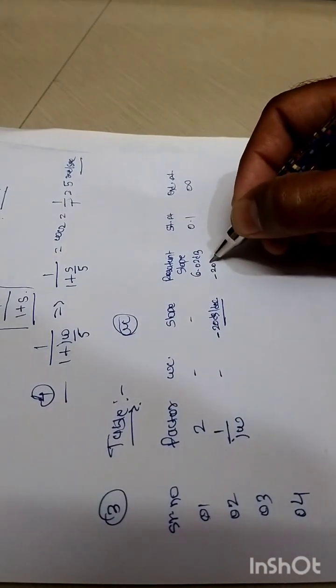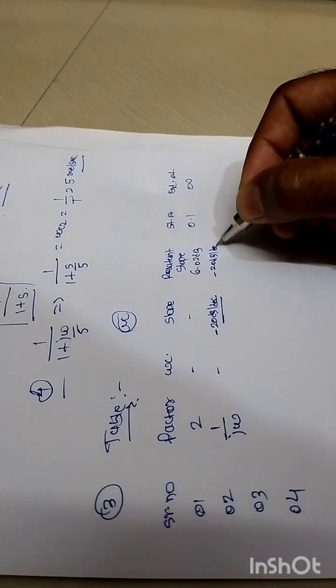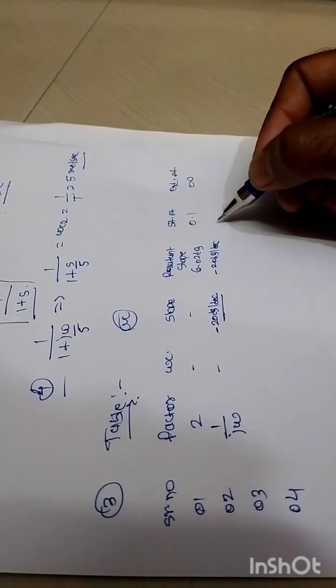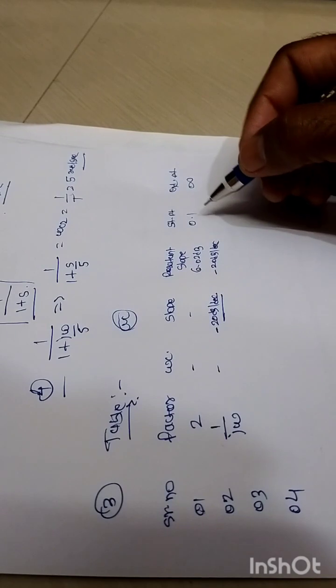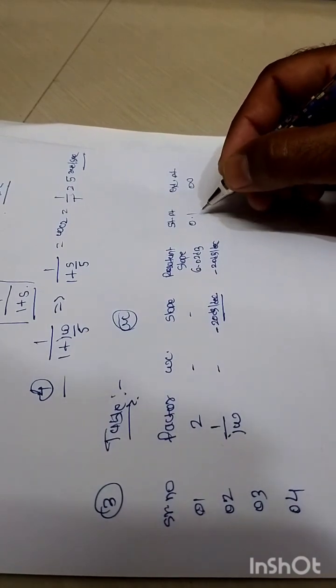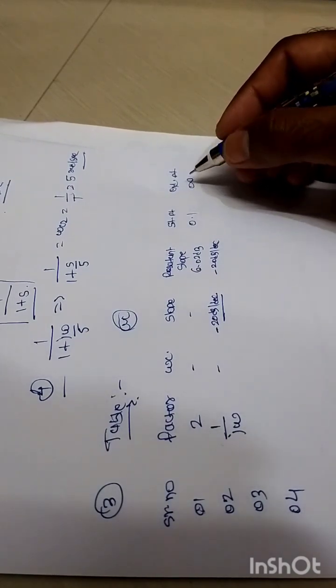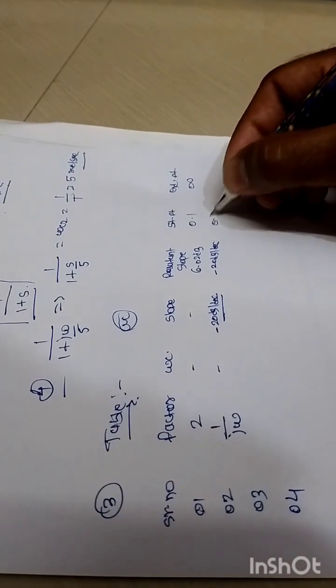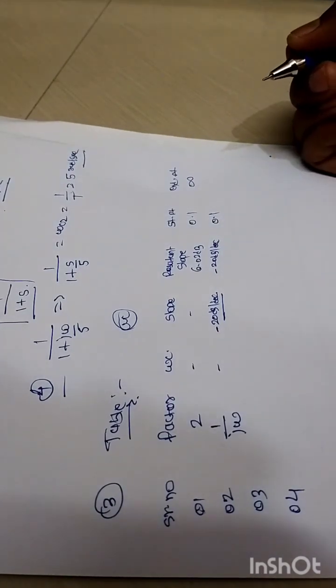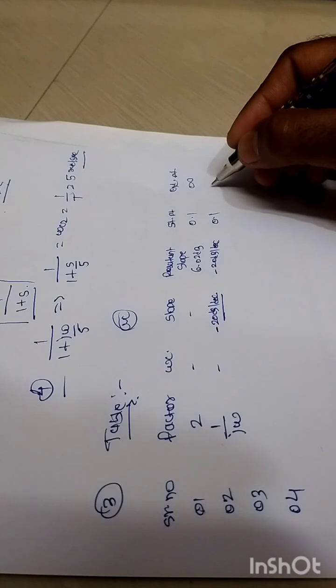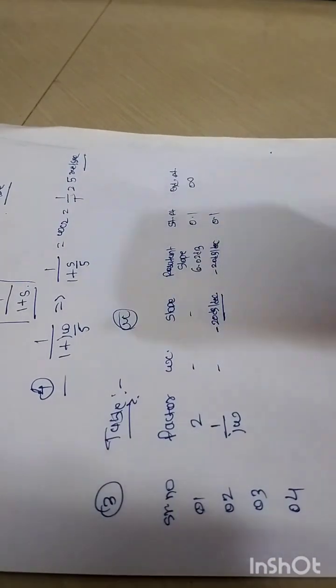That will be the final slope, minus 20 dB per decade, right? And the starting point of this second factor is just similar to the starting point of the first factor, which starts at 0.1 and ends at infinity. So the starting point will be 0.1. Later we will decide the end point of this second factor.